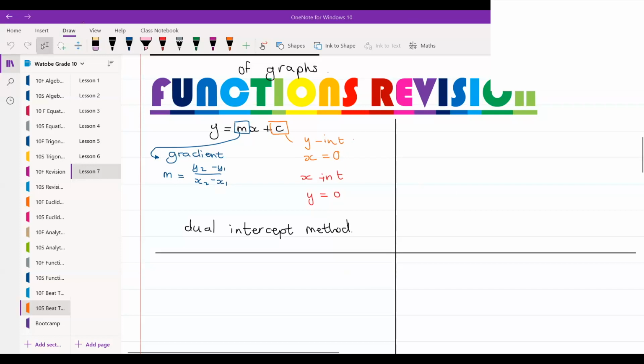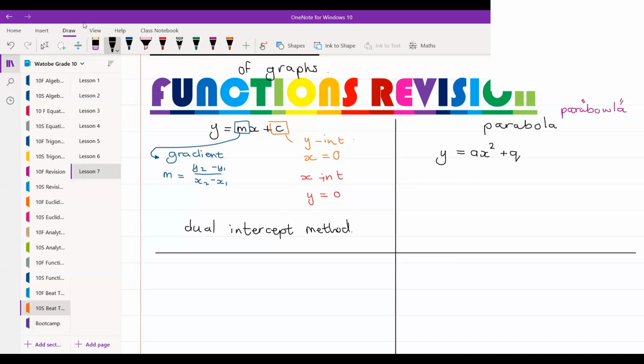Then the next one that we have is a parabola, because it's shaped like a bowl. We know that the equation for a parabola is y is equal to ax squared plus q.